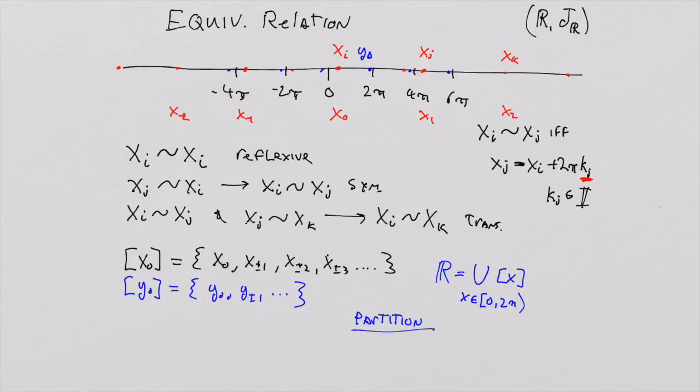There are a few other notations. Sometimes equivalence relations are expressed with a letter, and sometimes that letter is R. So I would say X is related to Y would be the same as writing X is equivalent to Y. Sometimes you see that. And sometimes you'll also see it combined.